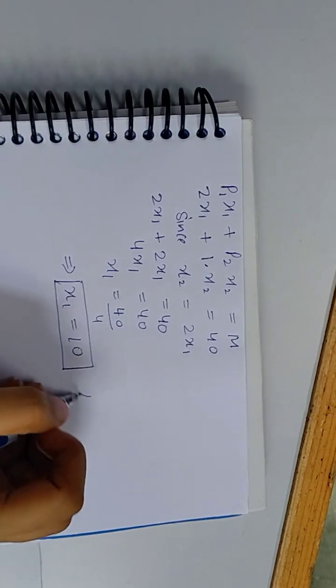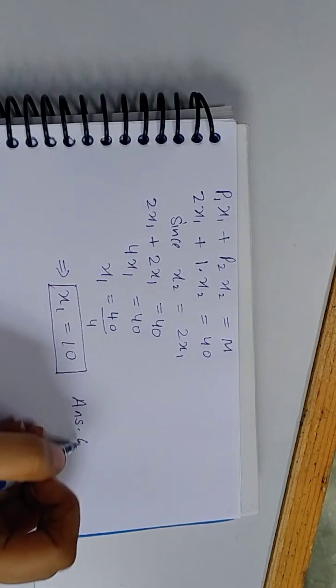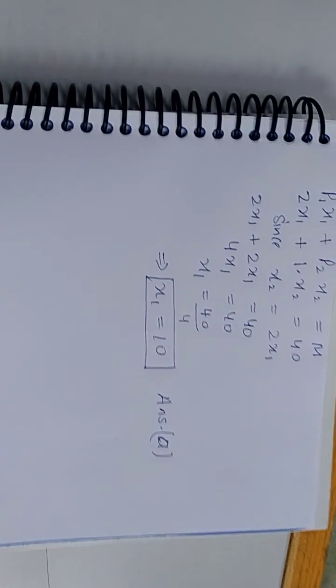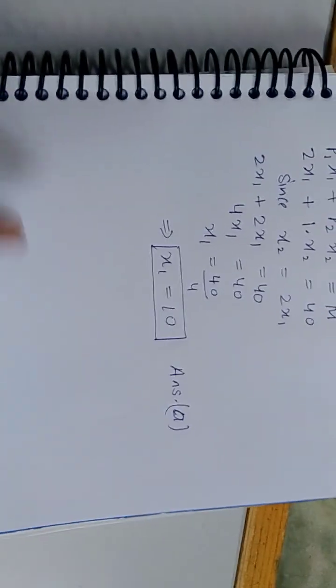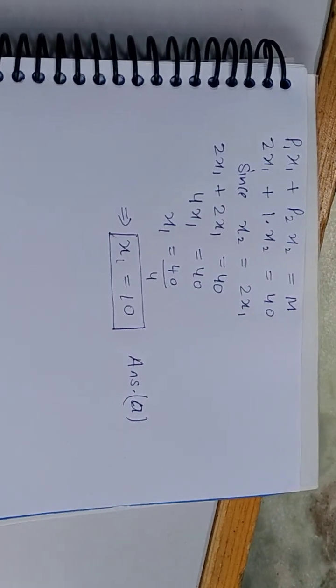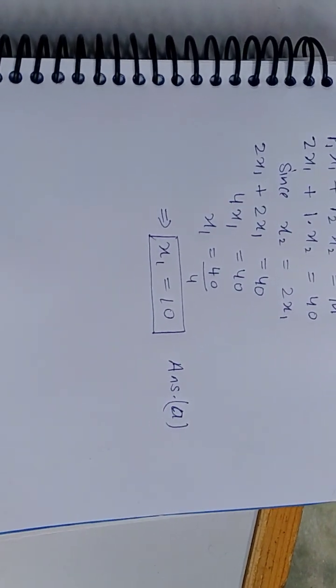This is the answer of our A part. Before the price change, the demand for good 1 will be 10 units. Now we move on to the second part, substitution and income effect.